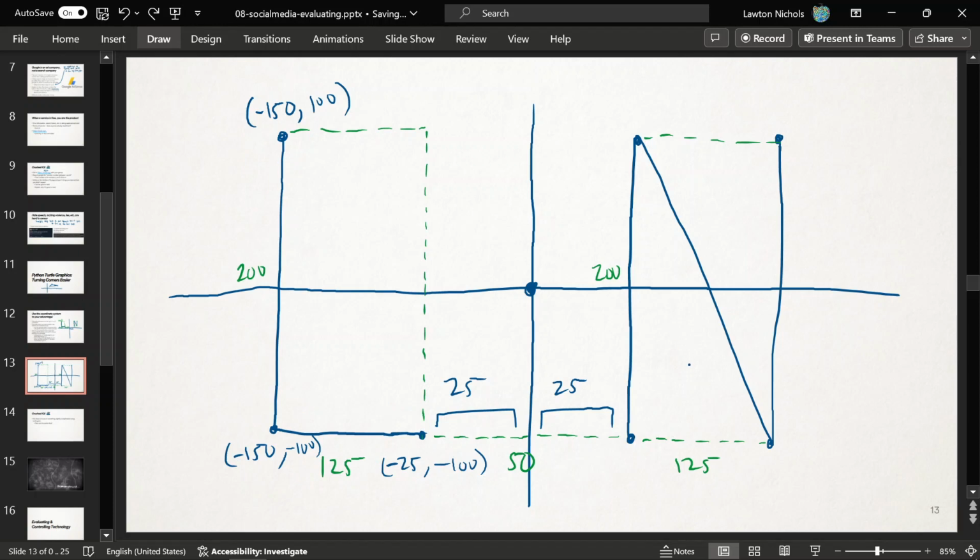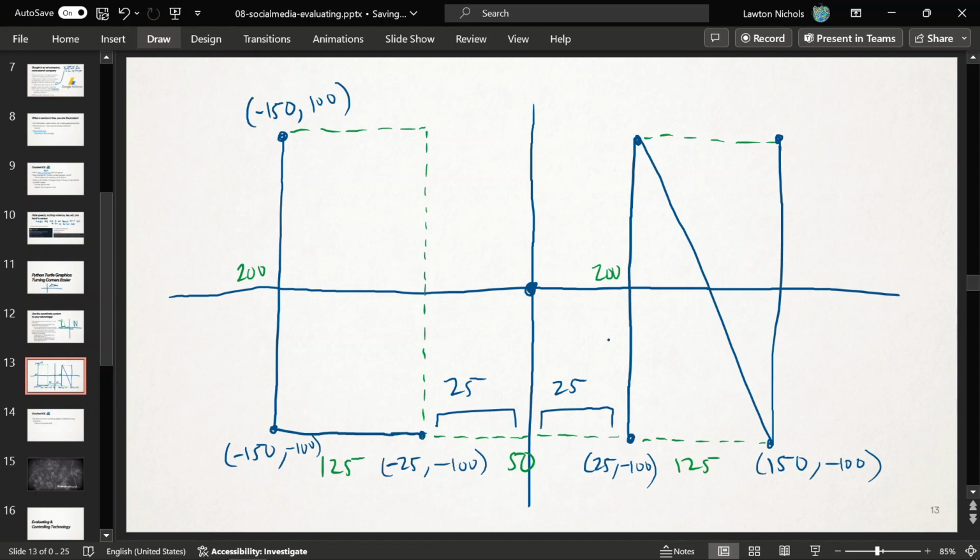So now let's do the same for the N. That means, all right, if this was negative 25, negative 100, go to 25, this is now 0, negative 100. And that makes this positive 25, negative 100. And I can calculate these in any order. Like if I go right some more, this is going to be 25 plus 125, so 150, still negative 100 on the y, right?